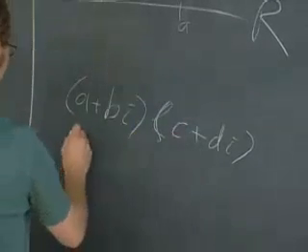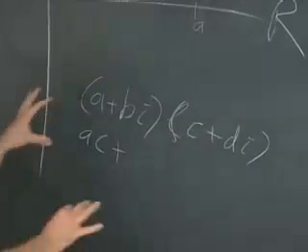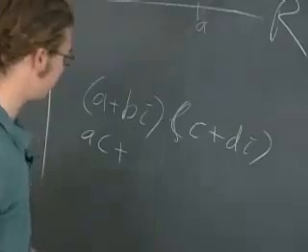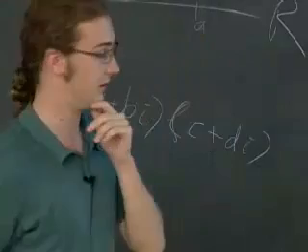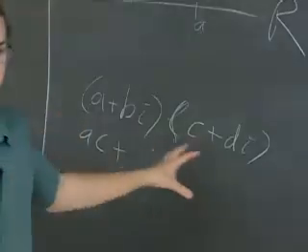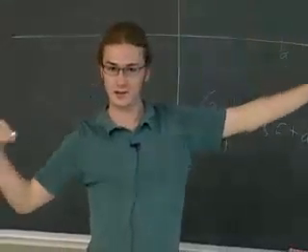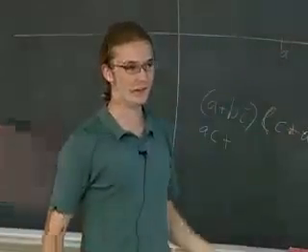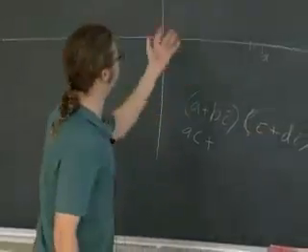What you get is AC plus... I don't know if I should do it all out. It'll take a little bit of time. But you get this sort of a mapping function, essentially, that's not really linear. It's not really that predictable what it's going to do. So you have this point here.